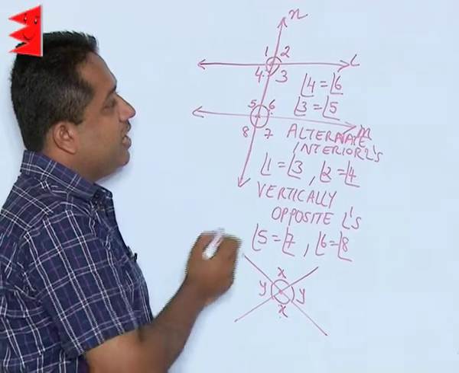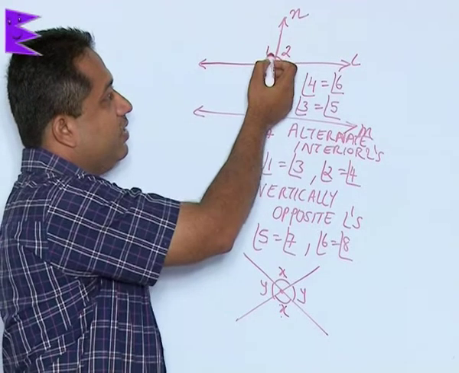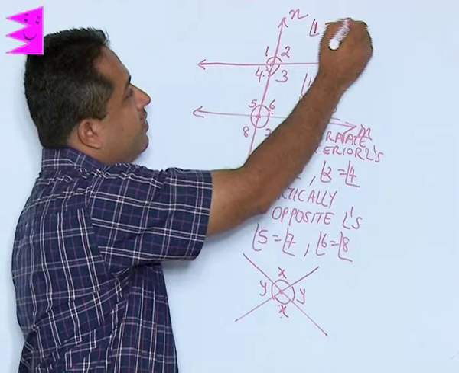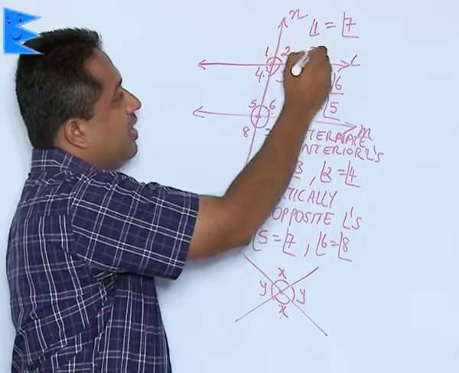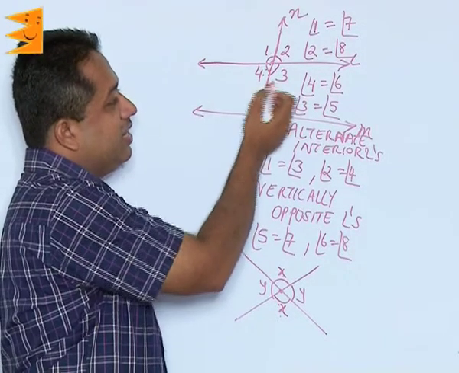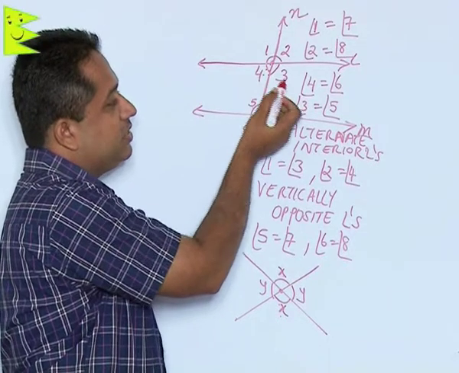In the same way we have alternate exterior angles. And what are the alternate exterior angles here? We say angles 1 and 7 are alternate exterior, and similarly 2 and 8 are alternate exterior. So, we have alternate interiors, that is 4, 6 and 3, 5.